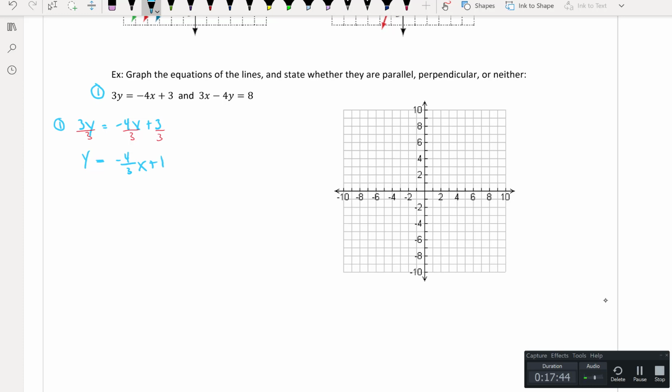So this tells me that I'm going to start my y-intercept at (0, 1). That is going to be the first point that I graph. Always start at the y-intercept. The slope is negative 4/3. That means I'm going to go down 4 and to the right 3.